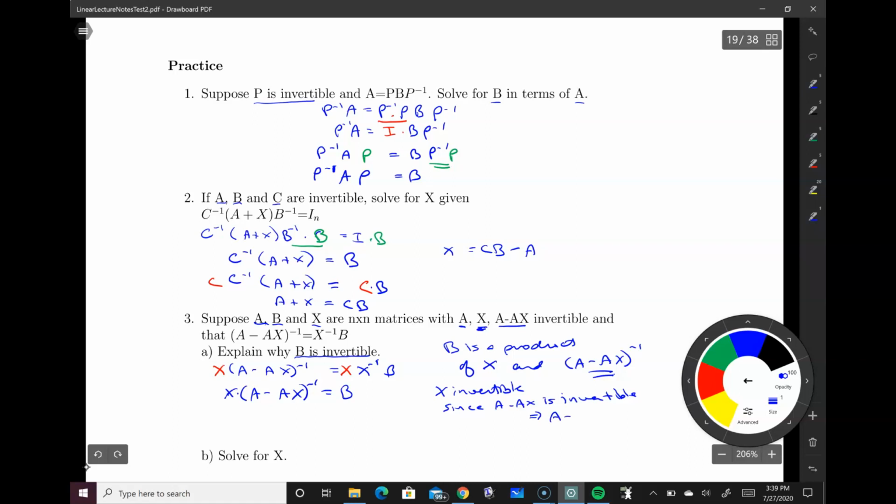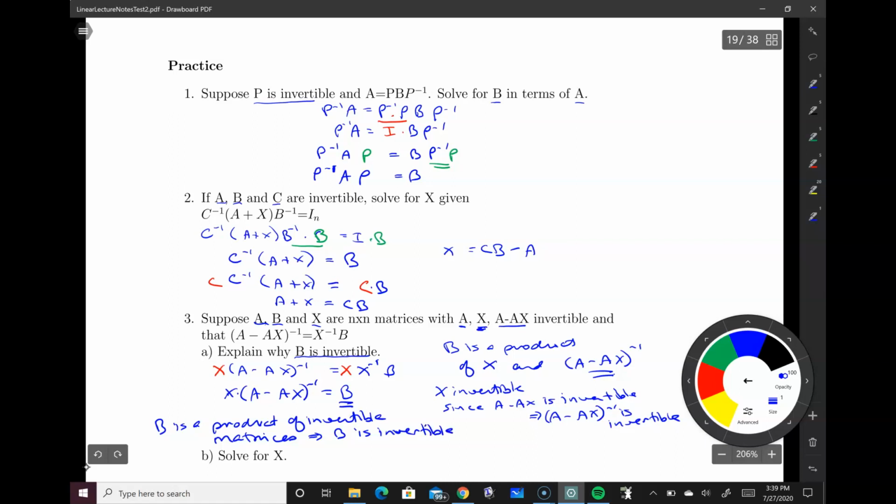That means A minus AX inverse is invertible. So what I have here is that B is a product of invertible matrices. So if it's a product of invertible matrices, that must mean B is invertible also.